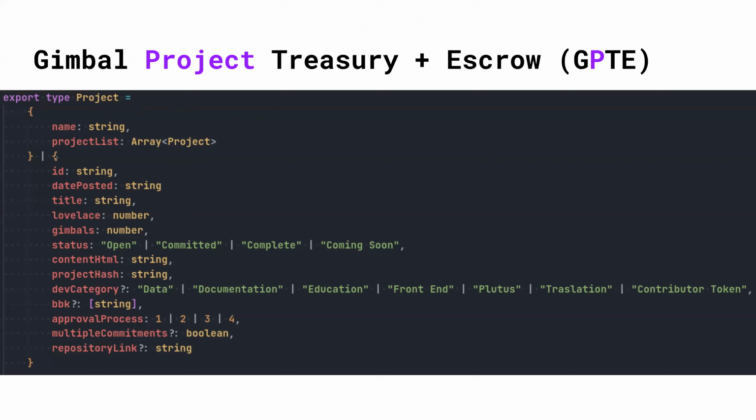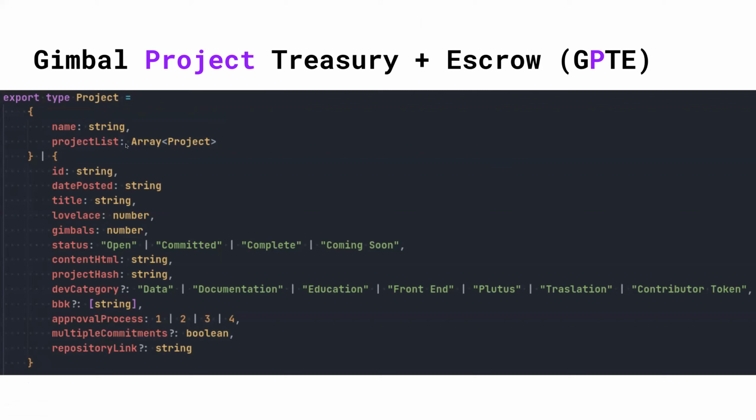It's either this type right here, the second one, which is exactly how a bounty was defined before. Now it's simply called a project, and the project line has been removed right here. And a project can either be a project or an array of projects with a name to signify it.